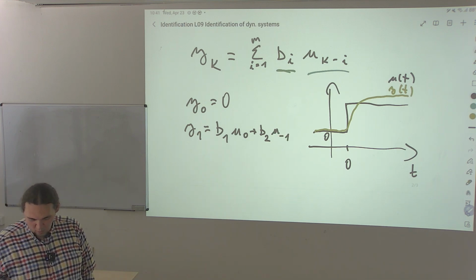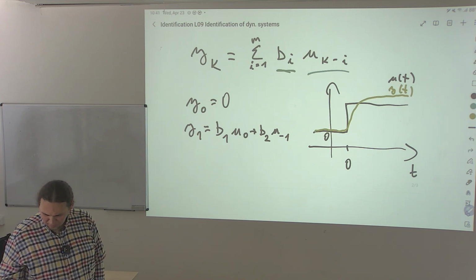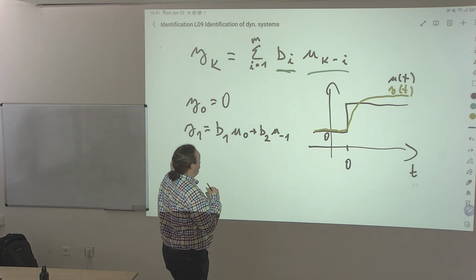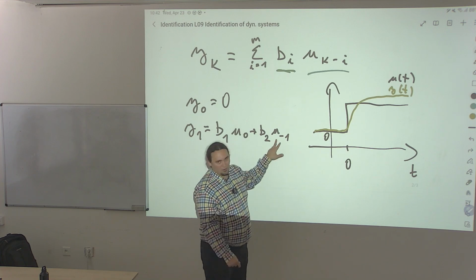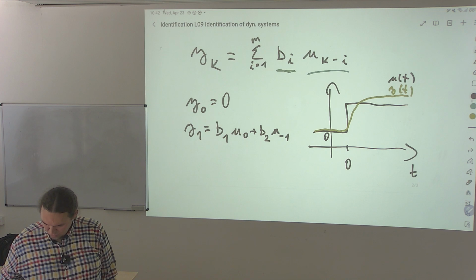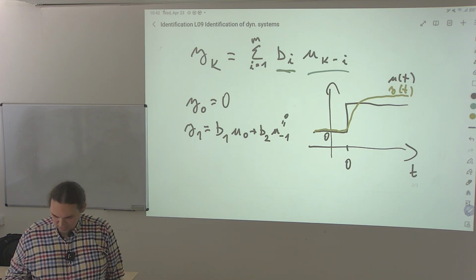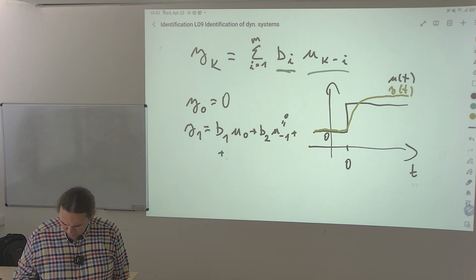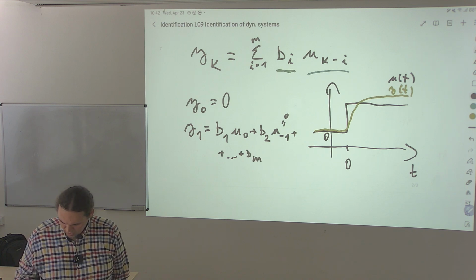Yeah, so one step back into the past, which, according to our assumptions here, are all zeros, right? So this is just 0 because we are just thinking about the step response. So the same would then happen in our first prediction.